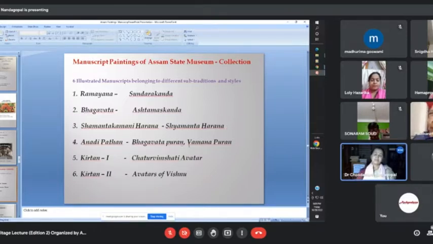Anadipatan, where Bhagavata Purana and Vamana Purana have been beautifully portrayed. I don't think anywhere in India Bhagavata Purana and Vamana Purana have been picturized or portrayed as folios as in Assam paintings. This is the best set of paintings I can say.